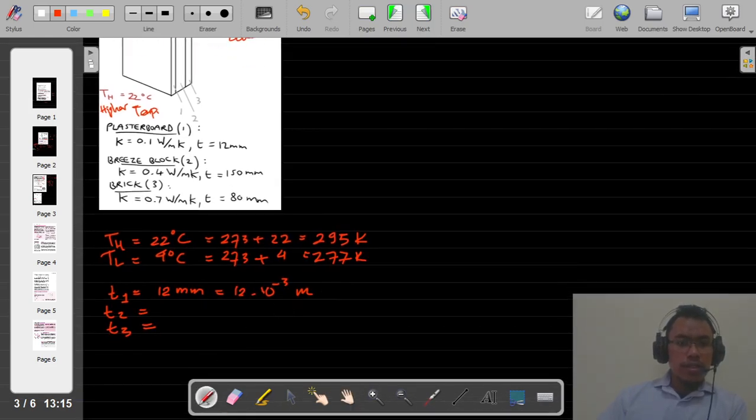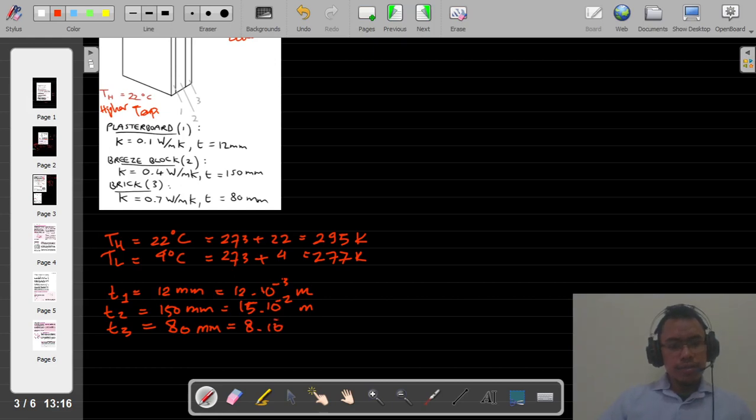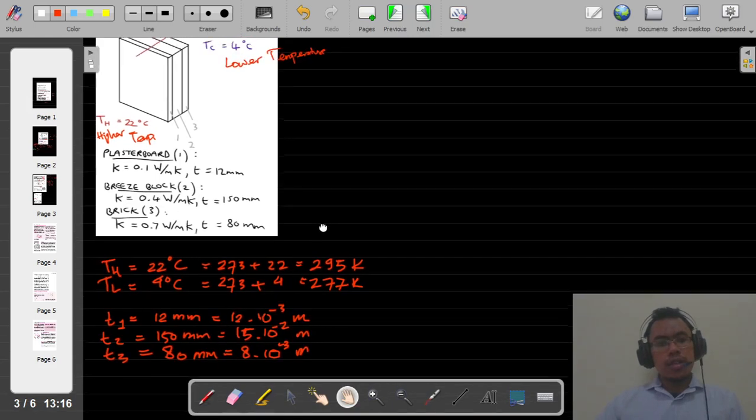For the second thickness, it is 150 millimeter, so it will be 15 times 10 to the power of minus 2 meter. And then for the third material thickness. So for the thickness we have all values in international unit.